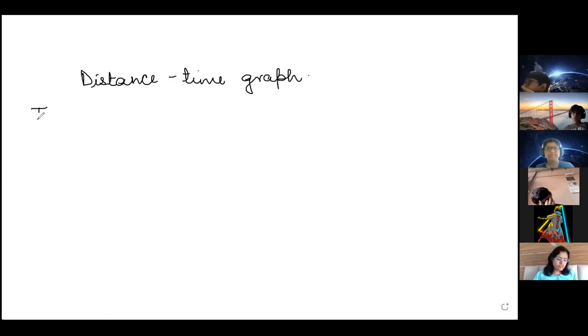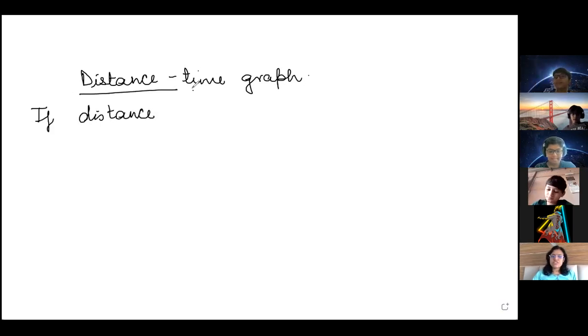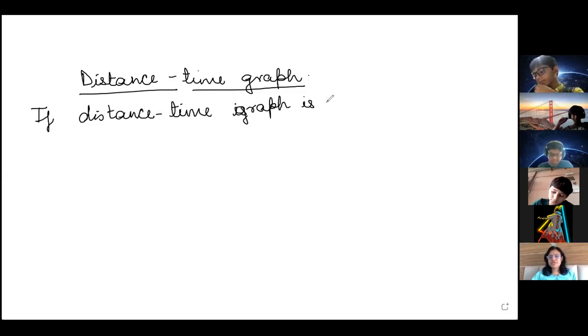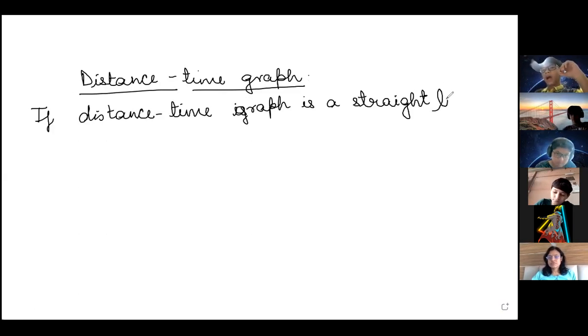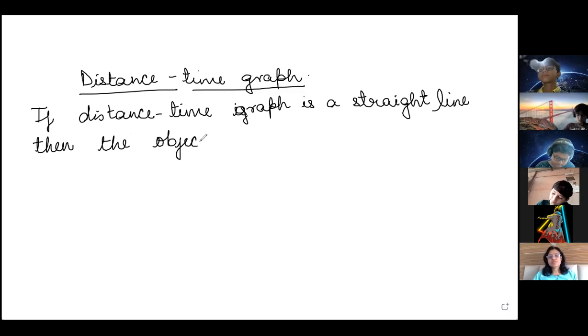Okay, you can write these things which I am writing. If the distance time graph is a straight line, which means speed is constant, then the object is moving with uniform speed.